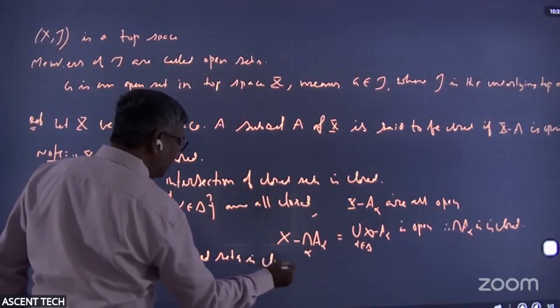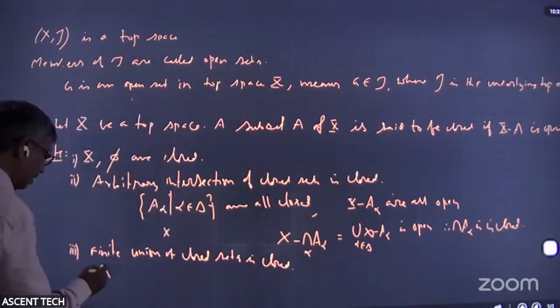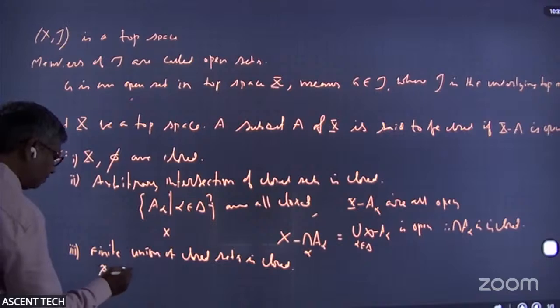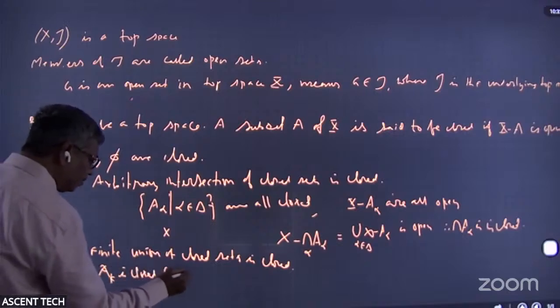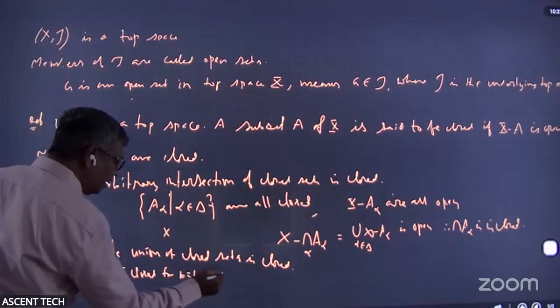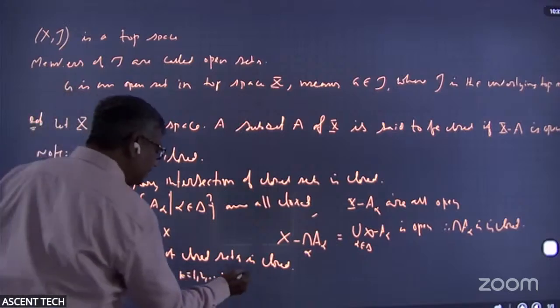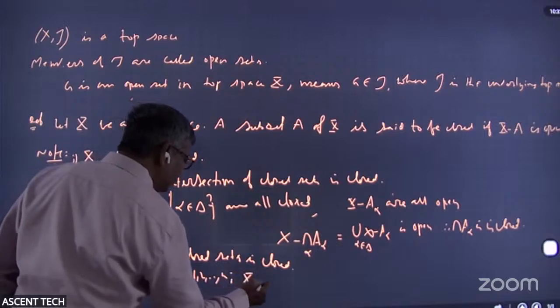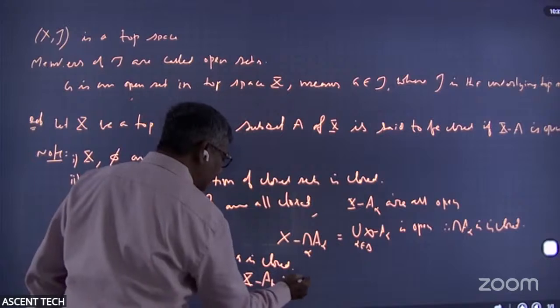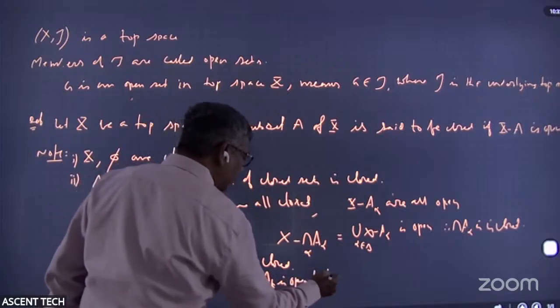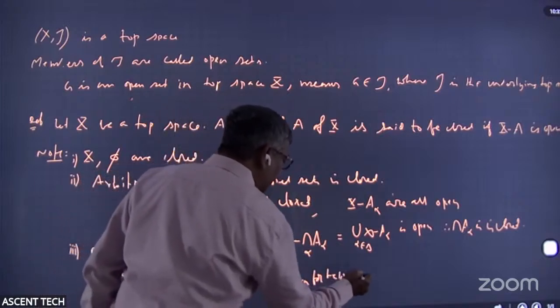I think you can easily understand if A k is closed for k equal to 1 to n, then X minus A k is open for k equal to 1 to n.